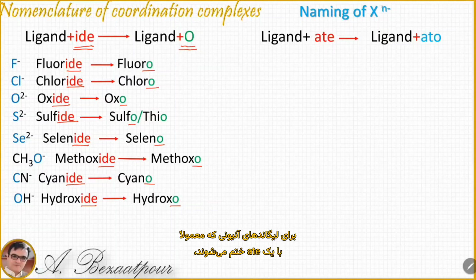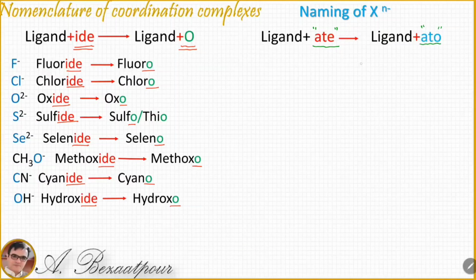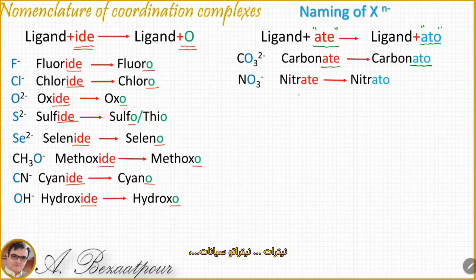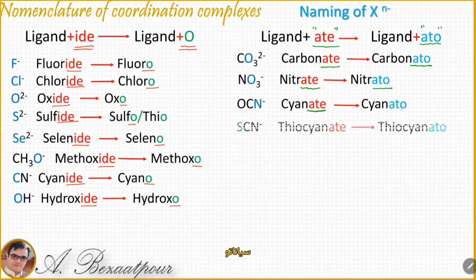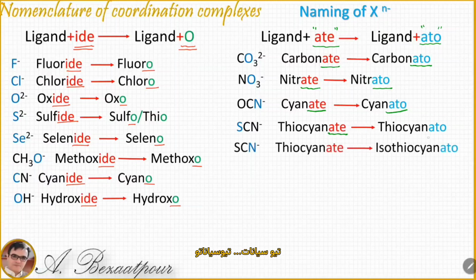For anionic ligands that usually end with ATE, the ending ATE is replaced with ATO in naming. For examples: carbonate, carbonato; nitrate, nitrato; cyanate, cyanato; thiocyanate, thiocyanato.